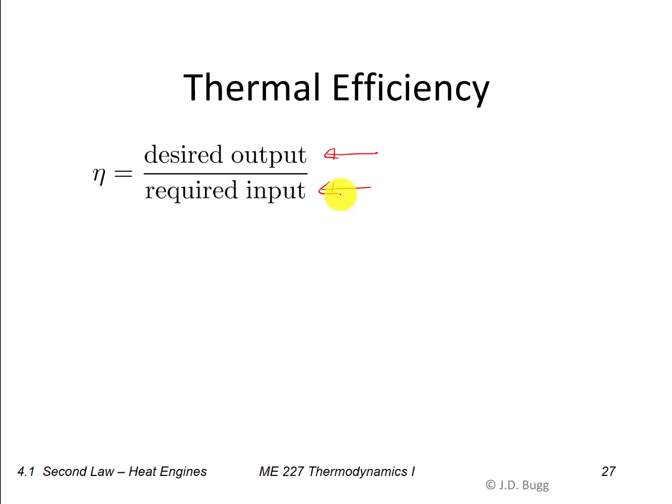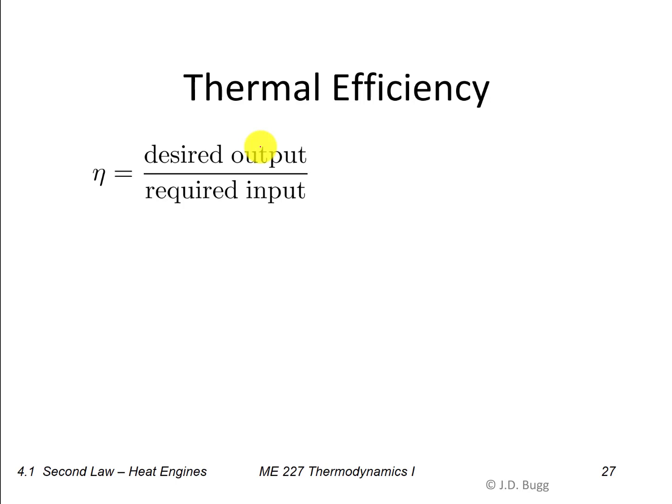So another way to think of this, the desired output is the thing that we want this machine to do for us. So in the case of a heat engine, we want it to produce work. The required input is the thing we need to supply to the engine in order for it to do its job. So that's the heat transfer from the high temperature reservoir.